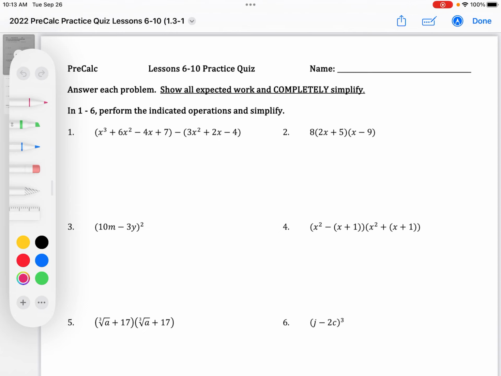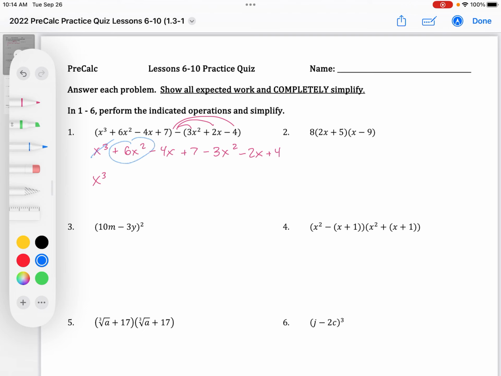In number 1, we're first going to distribute this negative. So we have x cubed plus 6x squared minus 4x plus 7 minus 3x squared minus 2x plus 4. Now we'll combine like terms. x cubed doesn't have anything to combine.